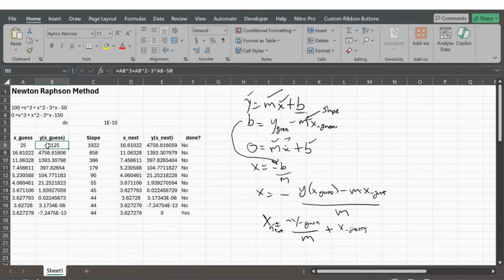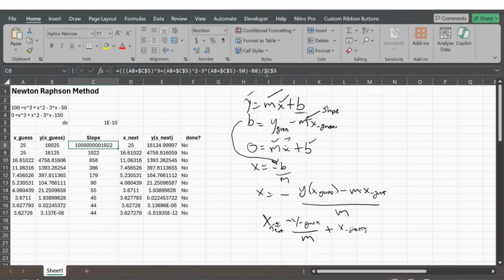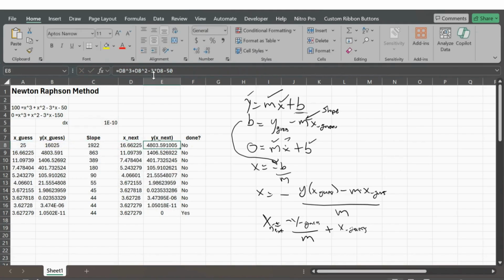So now if I update my equations to reflect that, basically what I can do now is my root finding algorithm. So change that to 150. That needs to be changed to 150. And that does as well.